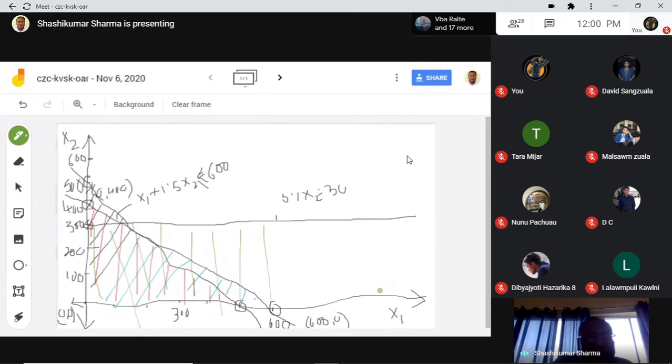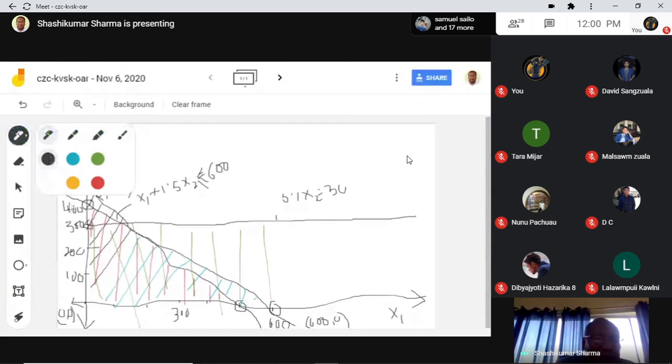Now once we have done this, when all the three colored shadings fall together, it is fulfilling the requirement of our problem. So what we have here is this region, the three shaded regions.